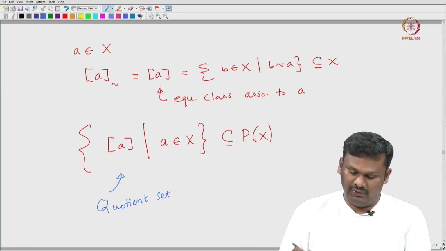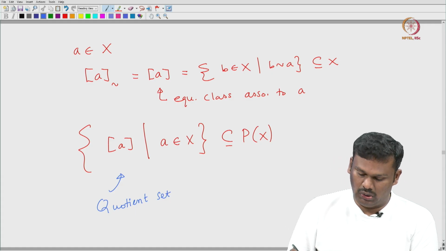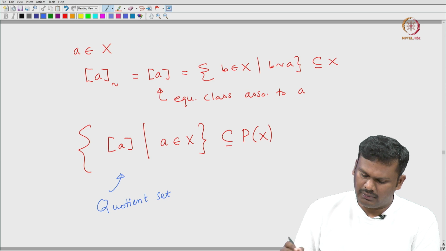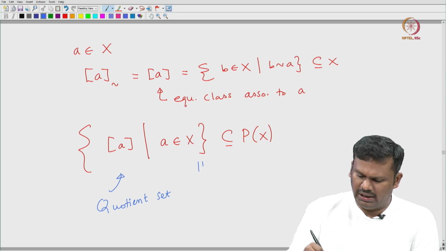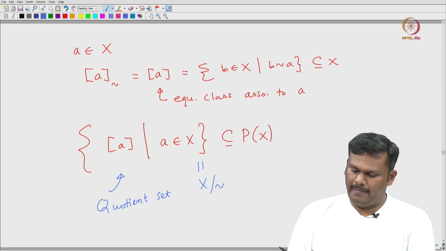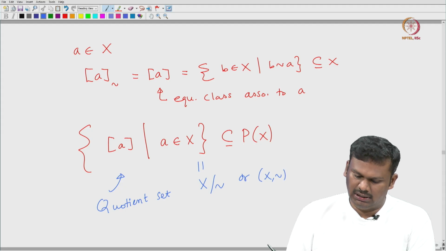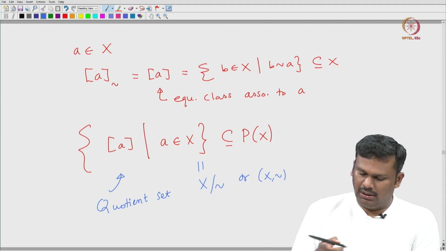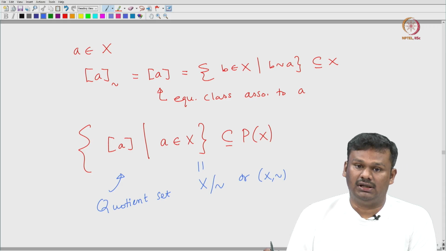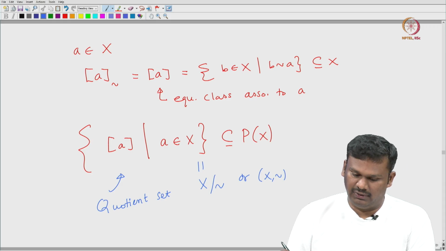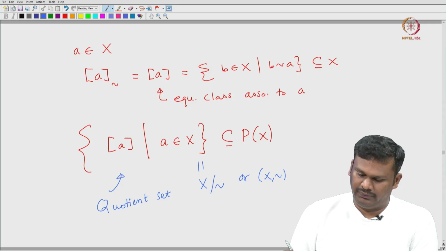Sometimes, if you are coming from the topology point of view, you call it a quotient space, which is often denoted as X modulo tilde, or X comma tilde, which is again a set. It is a collection of all these equivalence classes that come from this equivalence relation tilde.